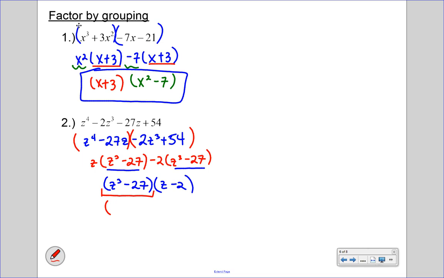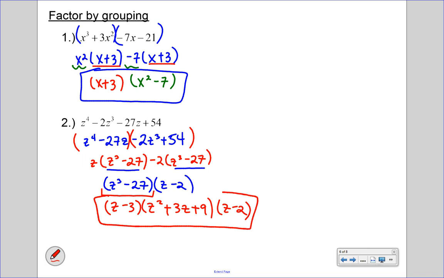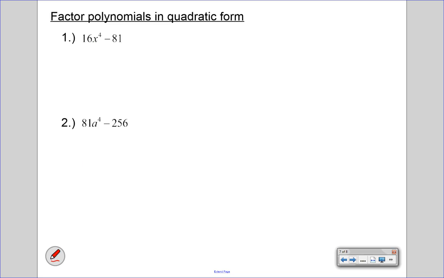We can factor it out as z minus 3 times z squared plus 3z plus 9, and then we put our z minus 2 at the very end. So you have to make sure it's completely factored for those. Okay, so that's factor by grouping. I have one more way to factor for you.